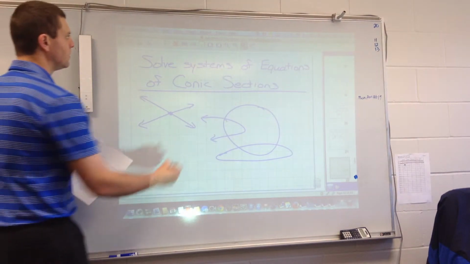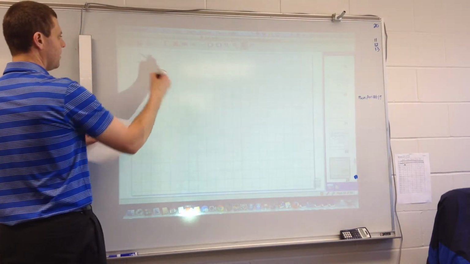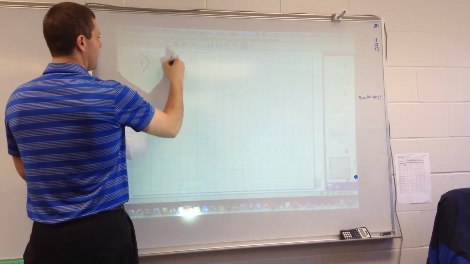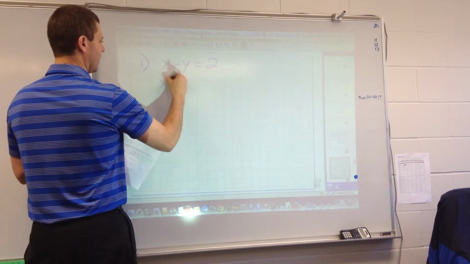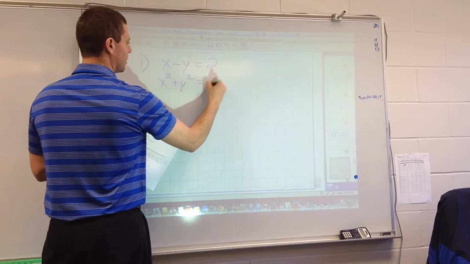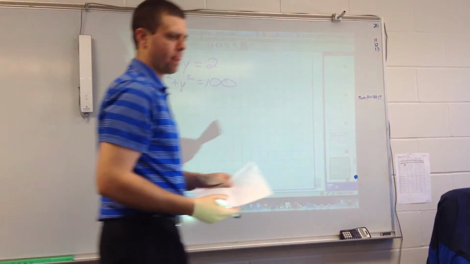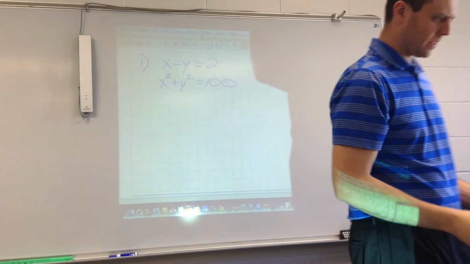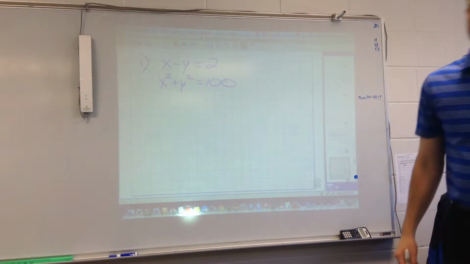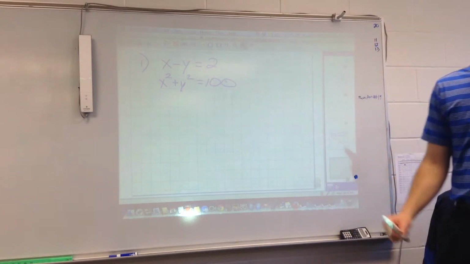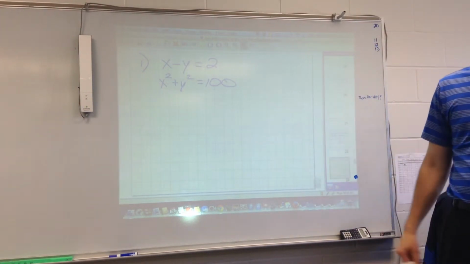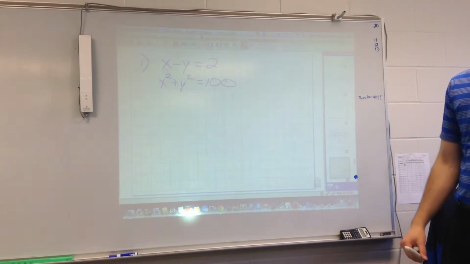First one we'll do together here. You have x minus y equals 2, and x squared plus y squared equals 100. This one's not even a conic section, I guess. The top one's a line, so we'll start even easier than two conic sections.